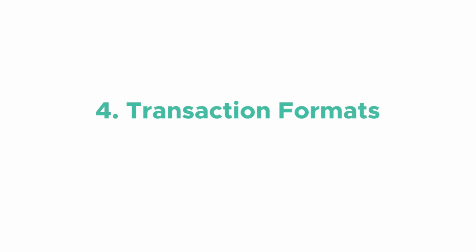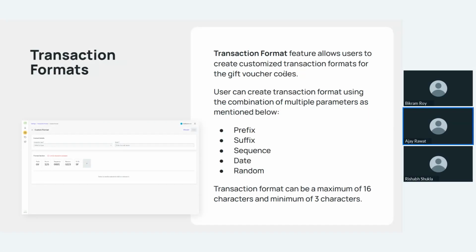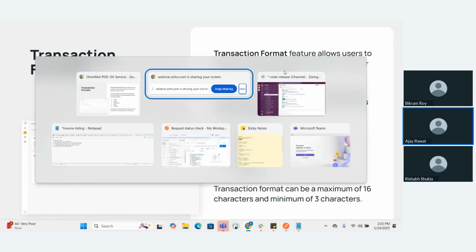Moving on to the transaction format. This feature is basically made to create a format for your voucher codes. The voucher codes will be generated in the same format that you define in the transaction format.